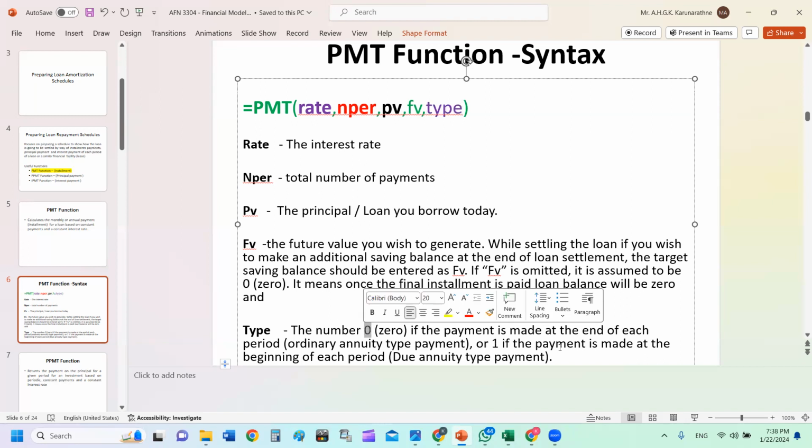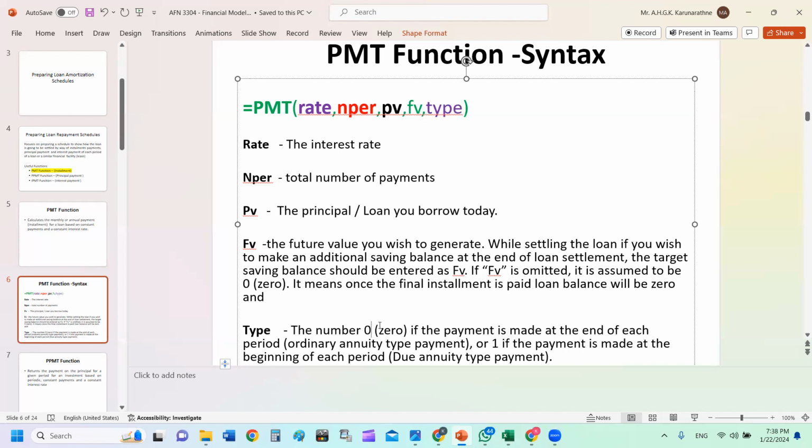So in most loan scenarios, it is fine if you enter 0. But if you have an arrangement with the bank, where the bank disburses the loan today and collects the first installment today itself, then you need to put 1 here, because the bank disburses the loan today and recovers the first installment today. Thereafter you pay at the beginning of each period. But in most cases it is very unlikely. At an informal rural or village level, the people who lend money collect the first installment on the same day. Then we take it as paying at the beginning.